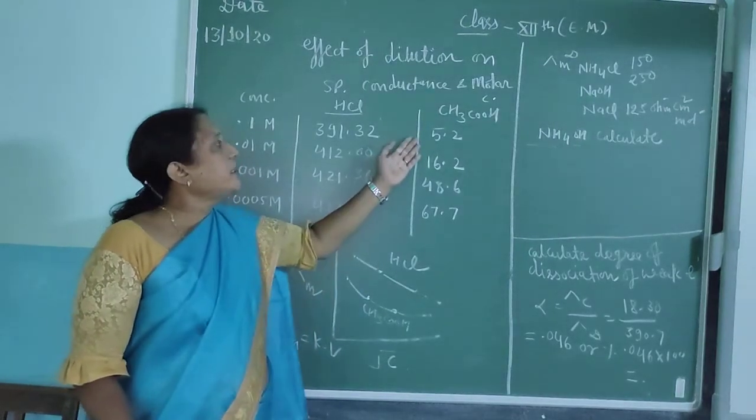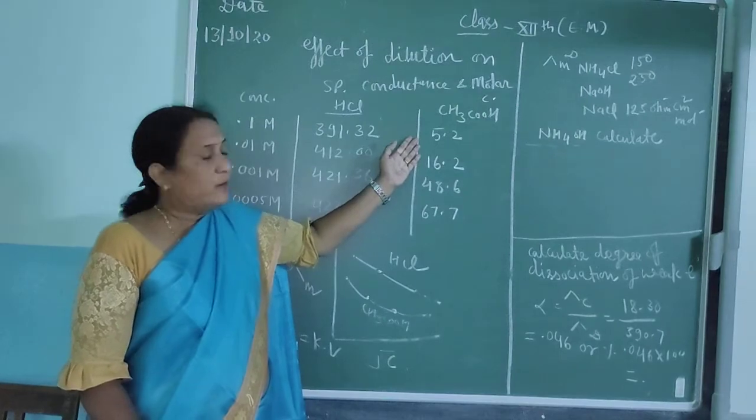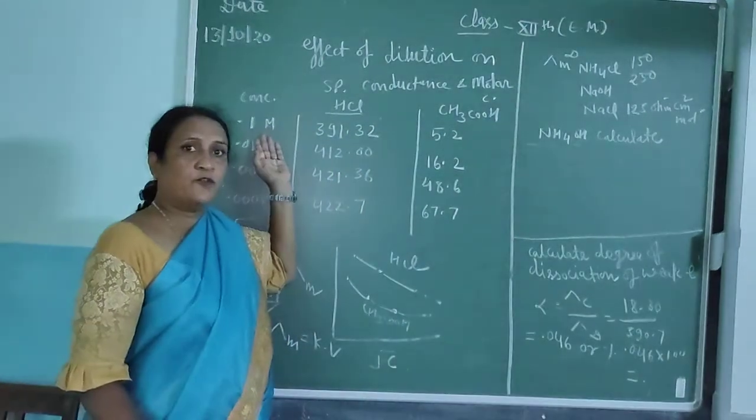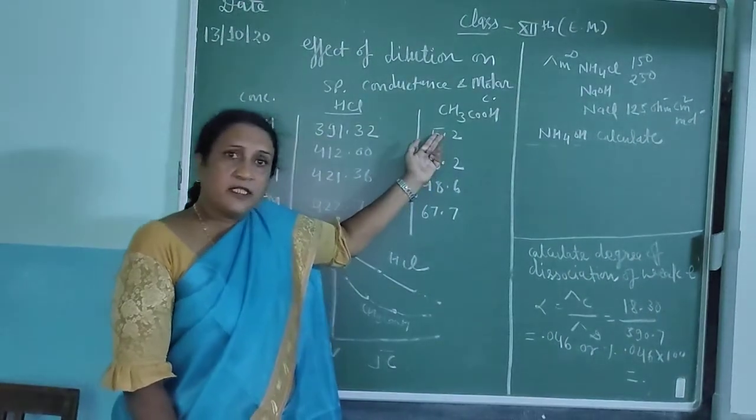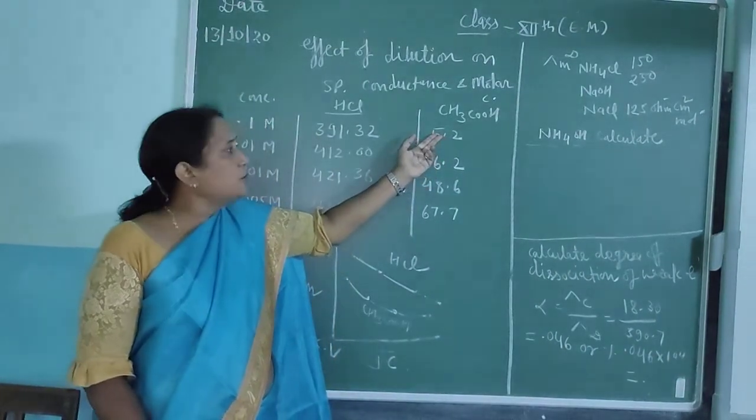But as we increase the dilution, when we form the solution of 0.1 molarity, the conduction done by acetic acid is 5.2.